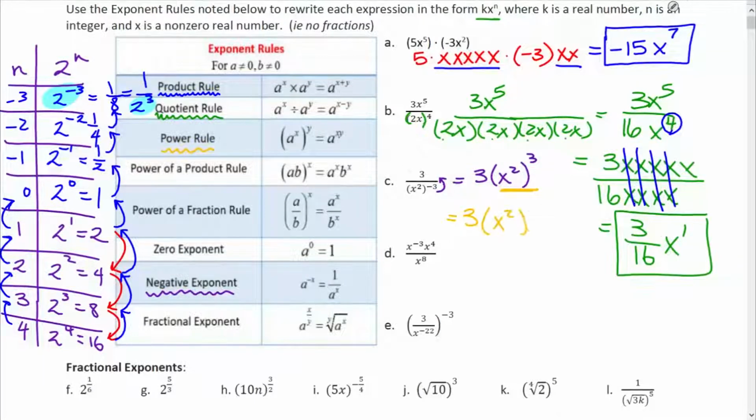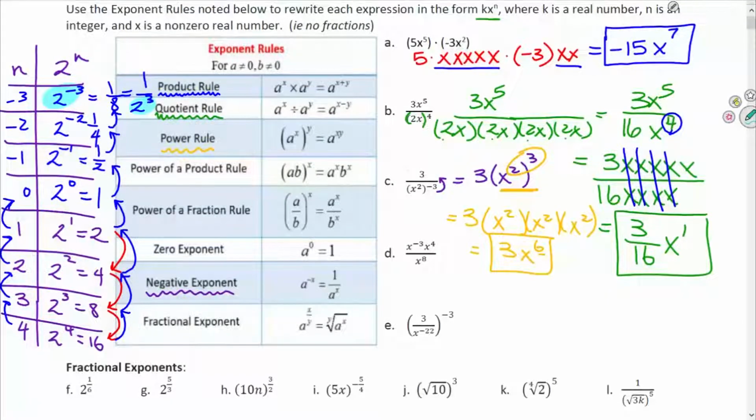I have x squared times x squared times x squared. And then using the product rule, I can add 2 plus 2 plus 2 is 6, and I get 3 times x to the 6th power. Okay? Now, using the power rule, I could have simply done 2 times 3 is 6 and been done without skipping that middle step. Okay? That's the power rule.